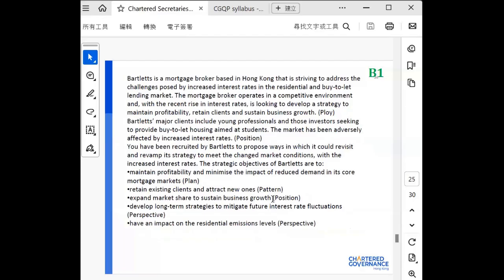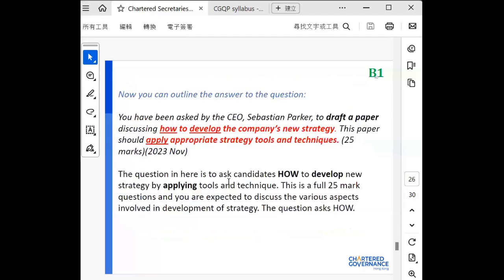So you can more or less guess what these five Ps are, Mintzberg's five Ps. Say, plan refers to how to develop. That means you can discuss using Mintzberg's five Ps.